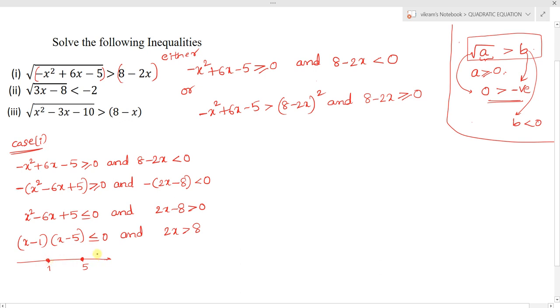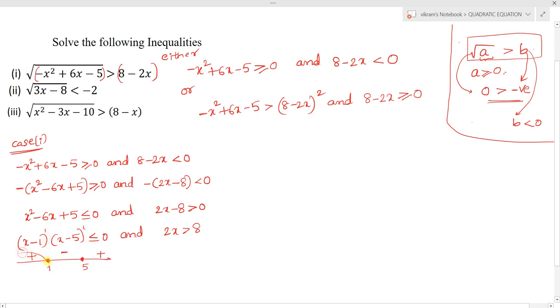Right of the rightmost root 5, the region is represented with plus. Next, odd powers means at every root the sign changes. So after crossing 5, the x minus 5 factor has an odd power, it changes to minus, and after reaching 1, the x minus 1 factor has an odd power and it is plus.